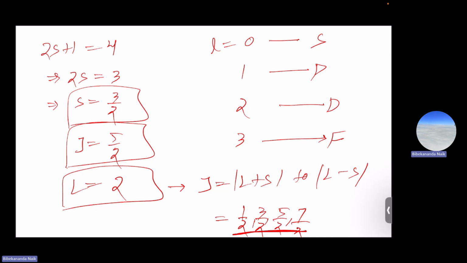Since J is changing, there is some change in energy. So different energies introduce different labels, and more labels means more transitions. So there will be fine structure.